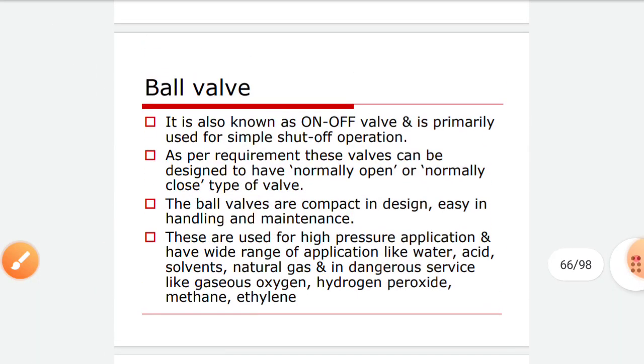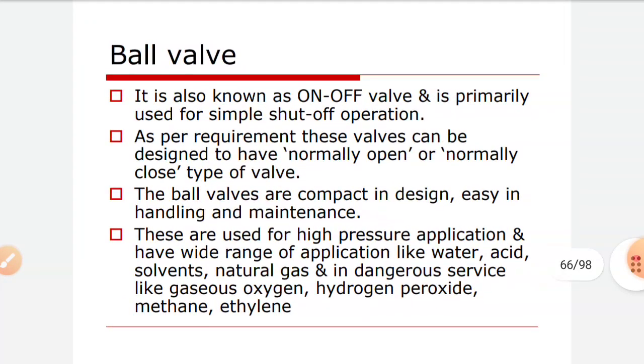Next is a ball valve. Ball valve is also known as on-off valve and is primarily used for simple shut-off operation. As per requirement, this valve can be designed to have normally open or normally closed type. The ball valves are compact in design, easy in handling and maintenance.